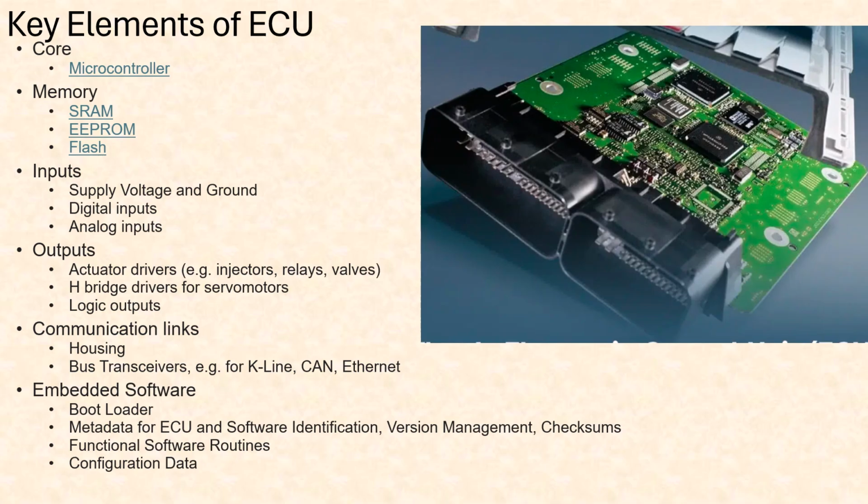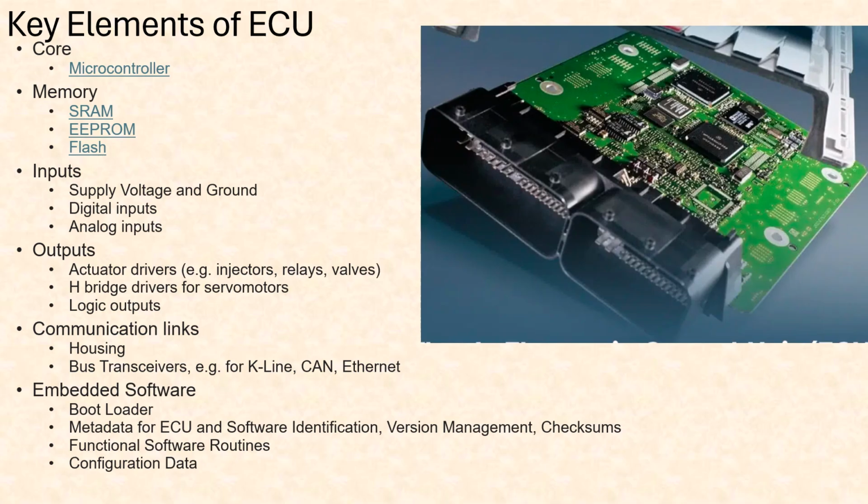Next, inputs: supply voltage, digital inputs, analog inputs, and next the output facility: actuator drivers, H-bridge drivers for servo motors, logic outputs. And discussing communication, it comprises housing, bus transceivers for K-line, CAN, Ethernet, and of course the embedded software.